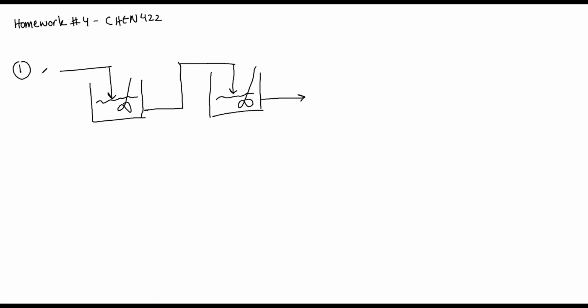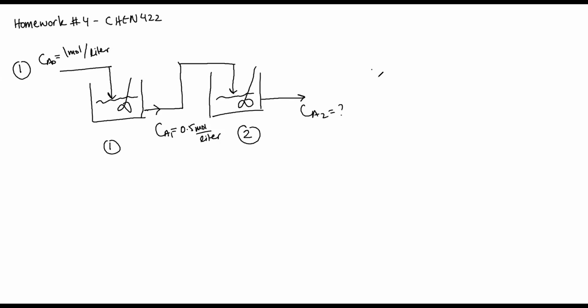And I'm given some information, so you're told CA0, the concentration entering the first CSTR, is 1 mole per liter. The concentration at the outlet of the first CSTR, I'm going to call CA1. It's 0.5 mole per liter. And you need to find the concentration leaving the second CSTR. You're given some other information, specifically, so this will be CSTR1, and this is CSTR2.